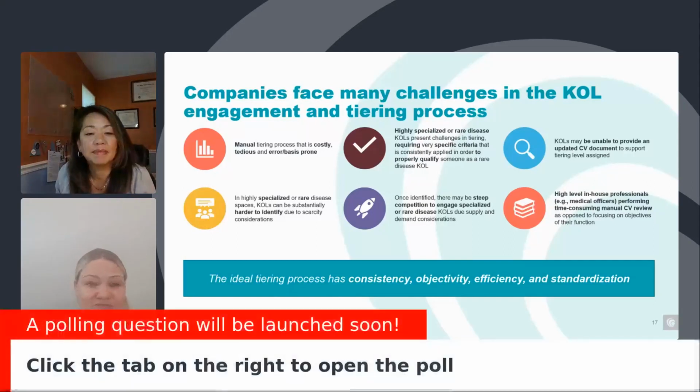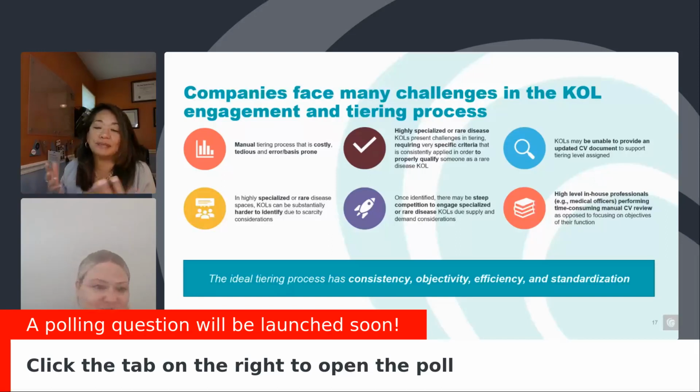KOLs sometimes don't want to provide you with their CV, or it's tough to get them to update it. So if you have qualifiers like timelines that I was mentioning before, where they have to do a certain number of clinical trials in the last 7 years, if you don't have an updated CV, then they're not going to show, possibly as a tier 1 because that's outdated.